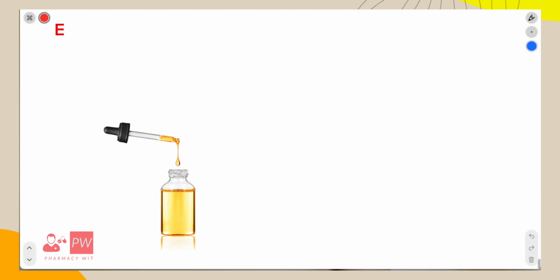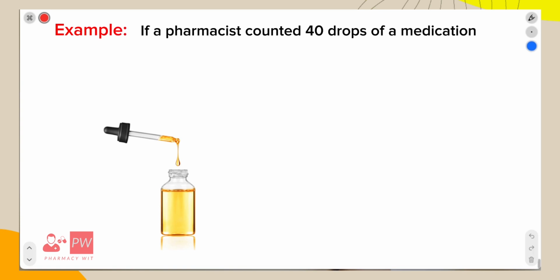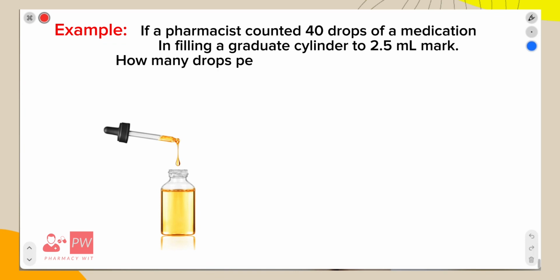If a pharmacist counted 40 drops of a medication in filling a graduated cylinder to the 2.5 ml mark, how many drops per milliliter did the dropper deliver? We have to calculate the drops per ml.